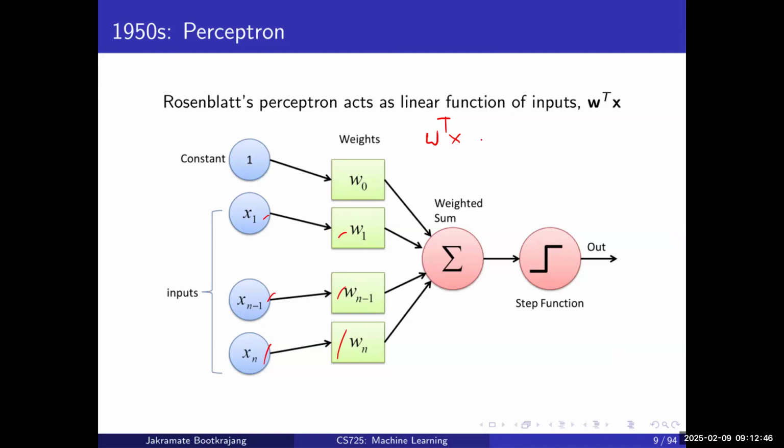So you can just use something like gradient descent to compute the derivative of the loss function with respect to the weight, and then you update the weight this way, right? Because you know if the output is incorrect, you try to change the weight so that the output would be as close to the answer as possible. So that is in the 1950s, the perceptron.